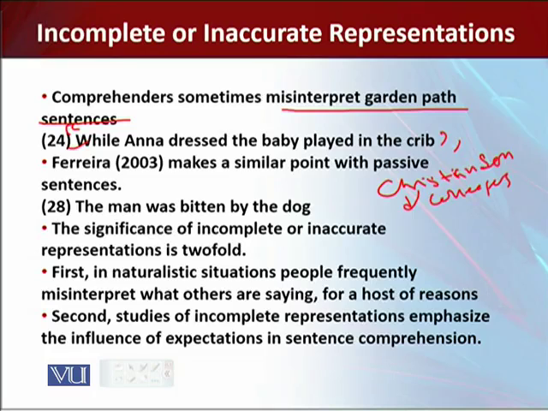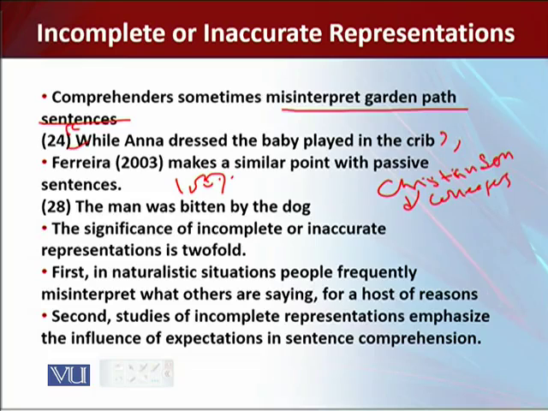They gave the participants questions such as, did the baby play in the crib, or did Anna dress the baby? Participants were virtually 100% correct in responding that the baby played in the crib, but many answered the second question incorrectly.